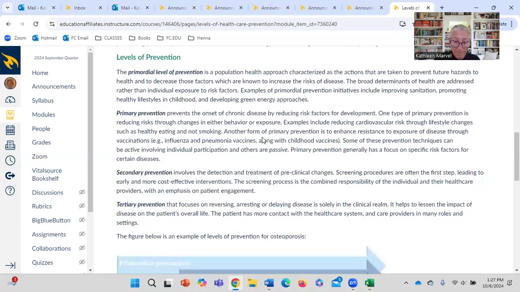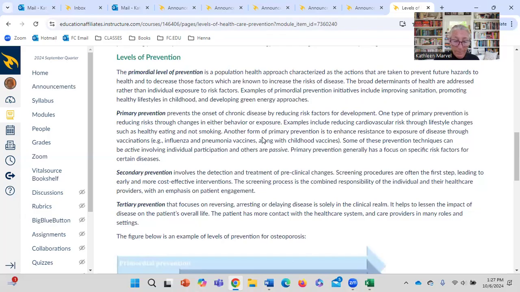Another way to look at secondary levels of prevention is early identification and early intervention. So you're screening for risk, preventing complications, attempting to reverse course. Examples would be mammography, yearly blood pressure screening, pap smears.